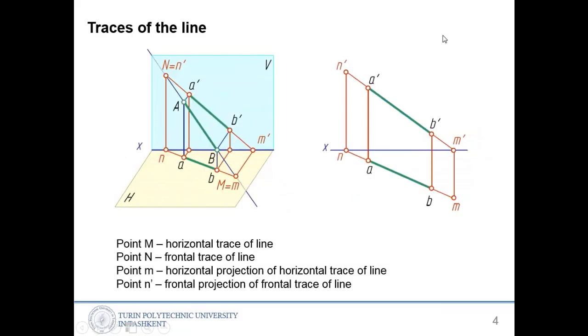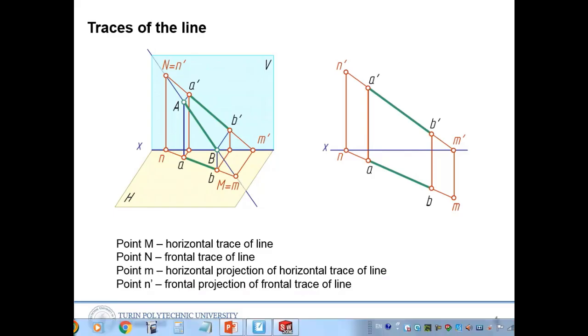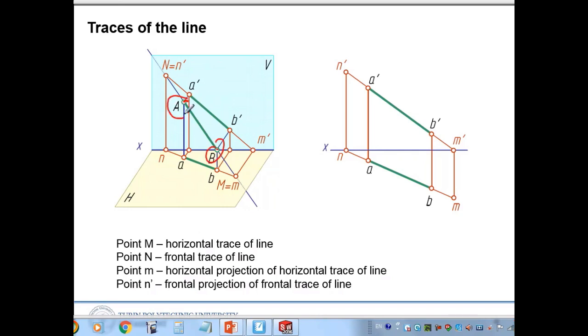Here you can see the traces of a line. How could there be a trace of the line? If you see the line A and B, with the A point and B point given, this line is given in space.